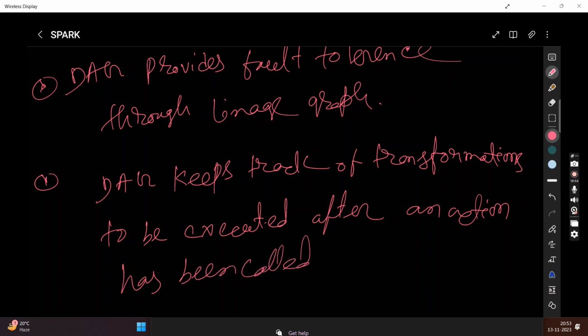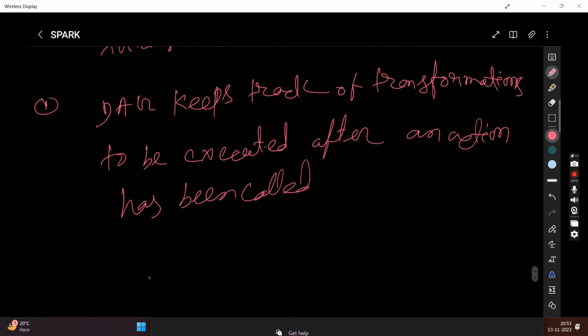Until that action is called, the DAG will keep track of all those transformations. And the lineage graph also helps to recompute any missing or damaged RDD because of node failures.